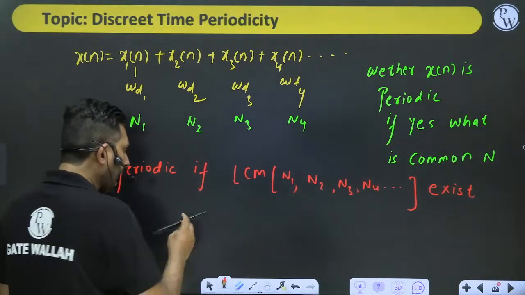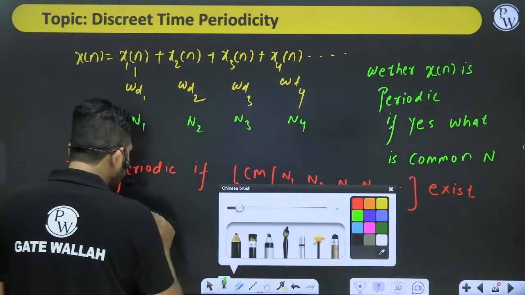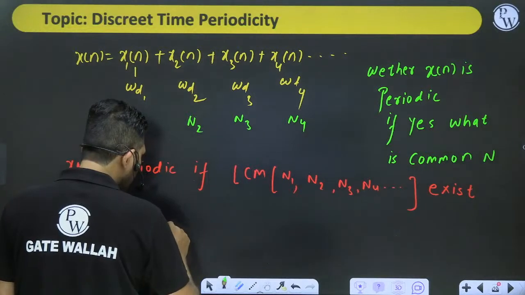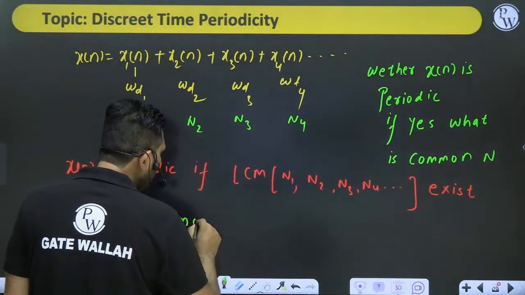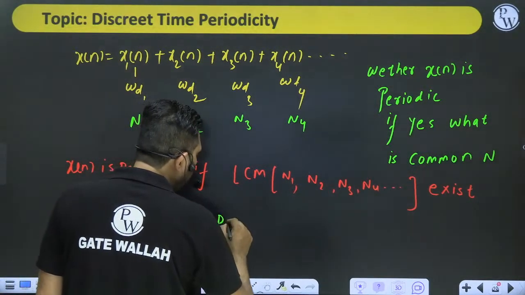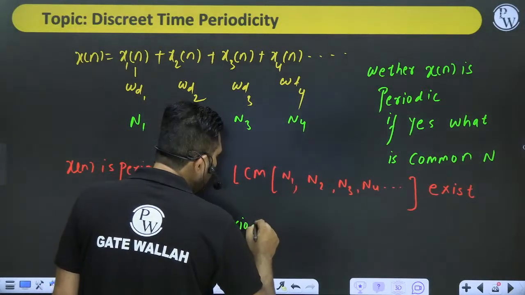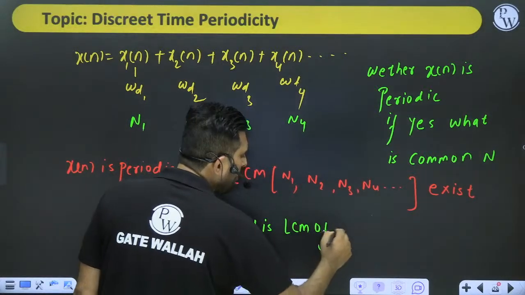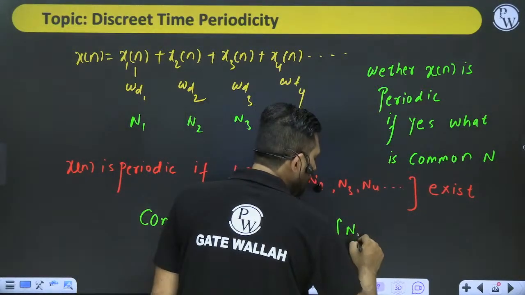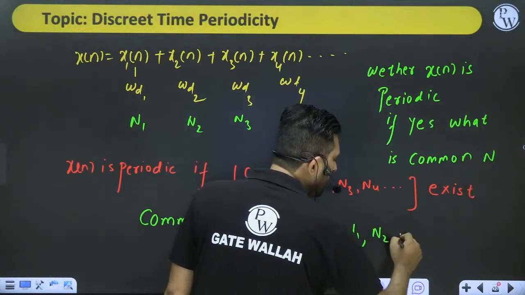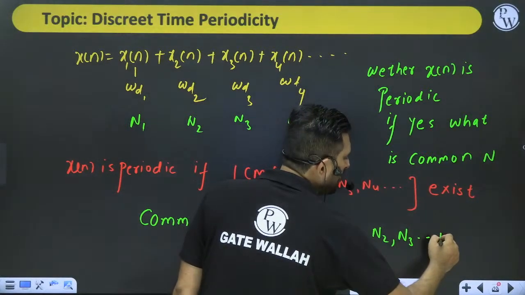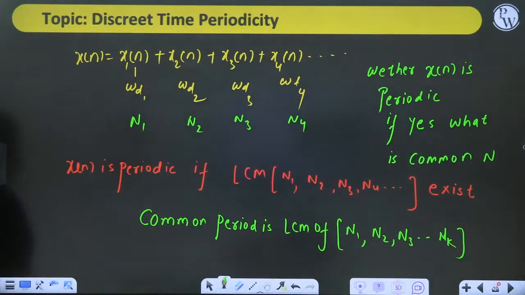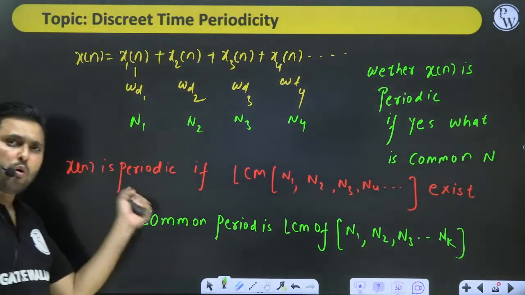Yes or no? And the common period is the same LCM of n1, n2, n3 up to nk, whatever. So for the common period, take the whole LCM.